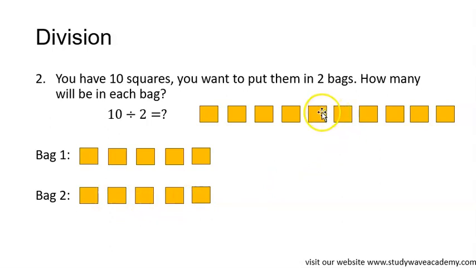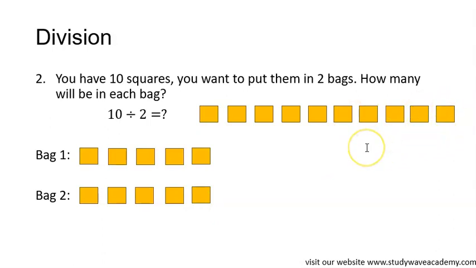We put again, one square in the first bag and another in the second bag. They are still left. You go again, one in the first bag and another in the second bag. They are still left. So you go again, one in the first bag and another one in the second bag. We have no squares left, right?